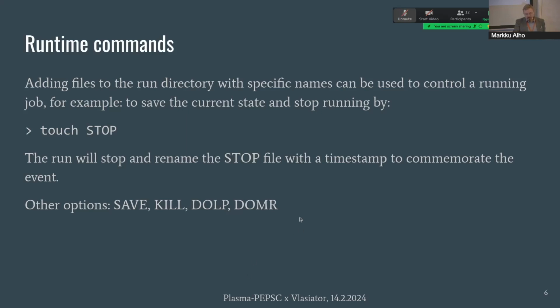Same with do mesh refinement. If you suspect that there's something going on with the mesh refinement, that there's some region that hasn't been refined lately and should be refined, and it's just waiting for a mesh refinement cycle to kick in, then you can also manually launch that one.